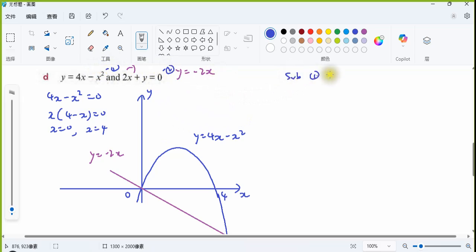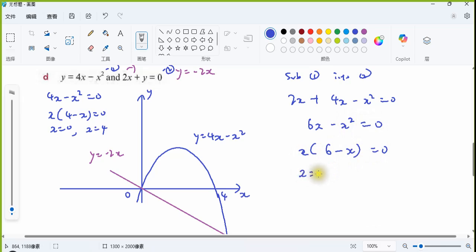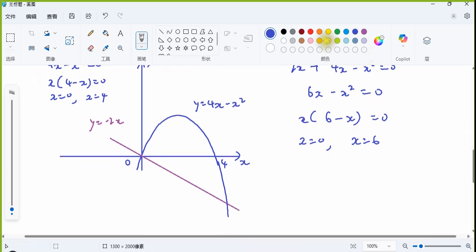So we substitute 1 into 2. We have 2x plus 4x minus x squared equal to 0, 6x minus x squared equal to 0, factorize x, 6 minus x equal to 0. So we have x equal to 0 and x equal to 6. So this is 0 and this will be 6.